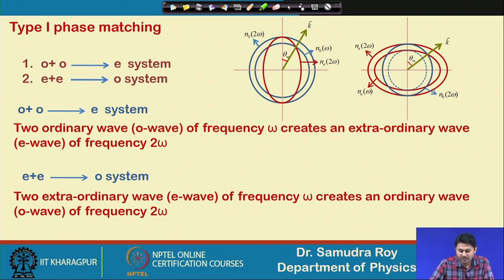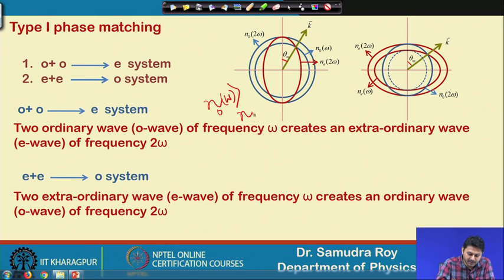The index structure for the two cases is distinct. In the first case the condition has to be that n of the ordinary wave at a particular frequency is greater than n of the extraordinary wave at that frequency. This kind of crystal is called a negative crystal because n_o is greater than n_e.